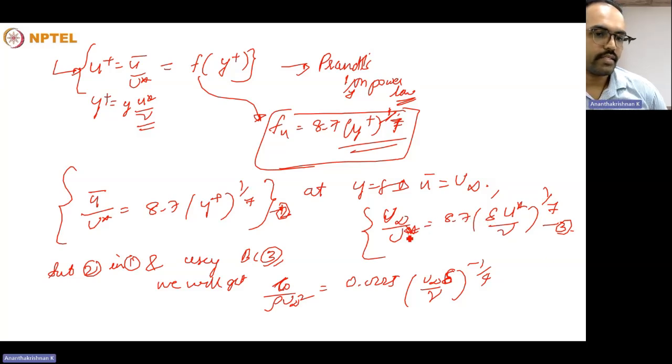Now to calculate shear stress, that will be equal to mu dou u by dou y at y equal to 0. The velocity profile is u bar divided by u star, 8.7 y plus raised to 1/7.